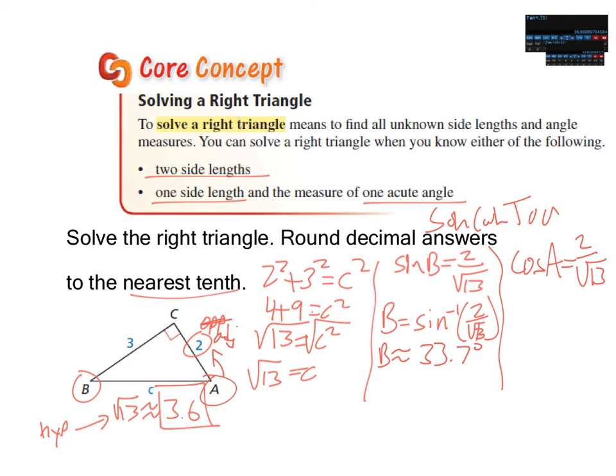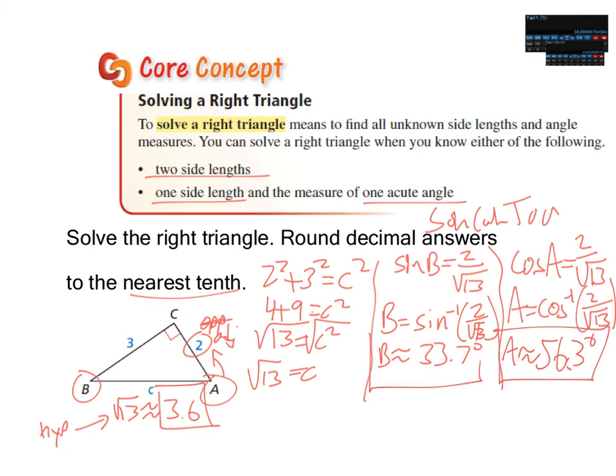We want to find the angle, so we use the inverse cosine. So the inverse cosine of 2 over the square root of 13. Let's see what we get. Punch it in the calculator. We get A is approximately 56.3 degrees. There you have it.